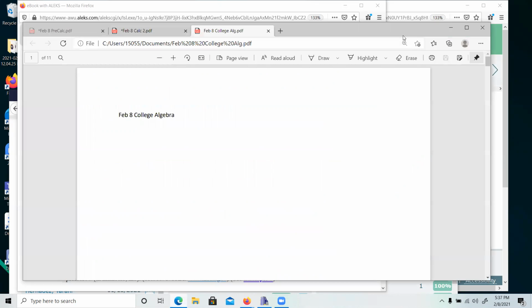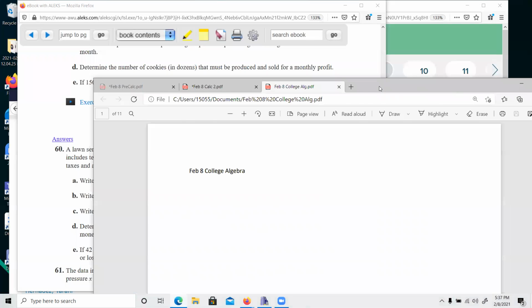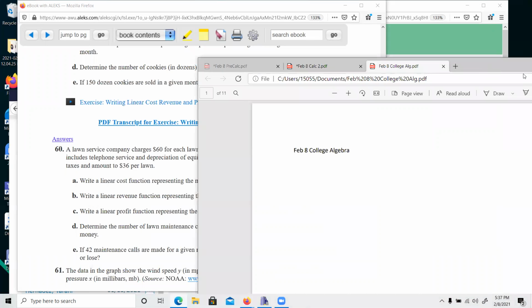So our cost function, I would call it C of X, but if you want to say cost equals, that's going to be okay. Let's just do it in English first and see where we end up.